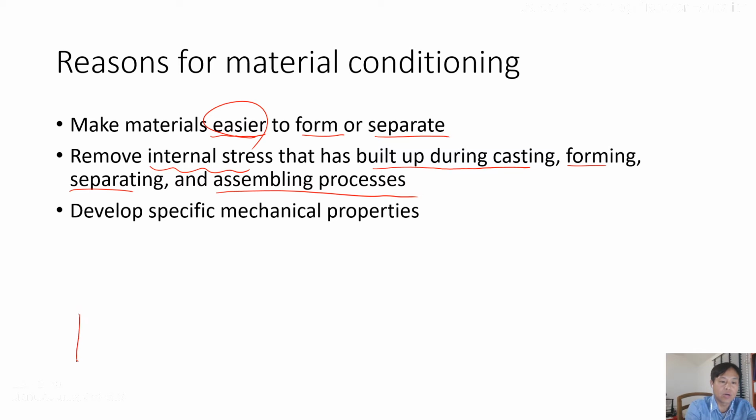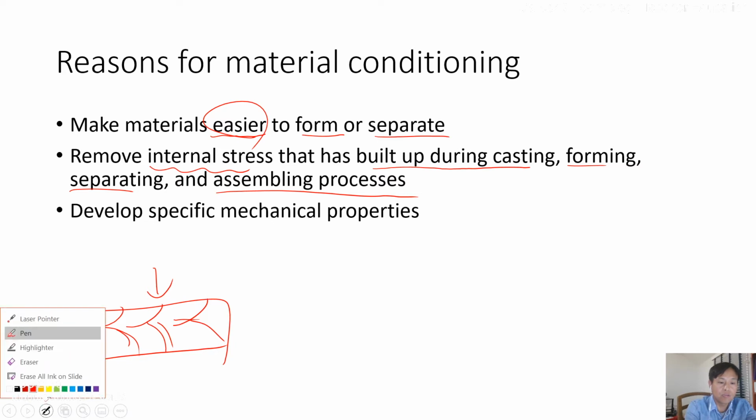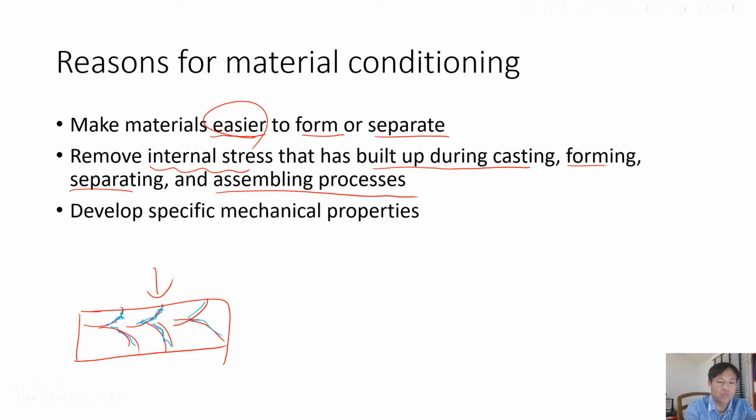I want to draw this one more time. Let's say this is a metal, and the metal has an internal grain structure. But after hammering or casting, it could have internal stress. That means it looks fine, but in the internal structure there could be some stress, a kind of potential damage in between the structure.